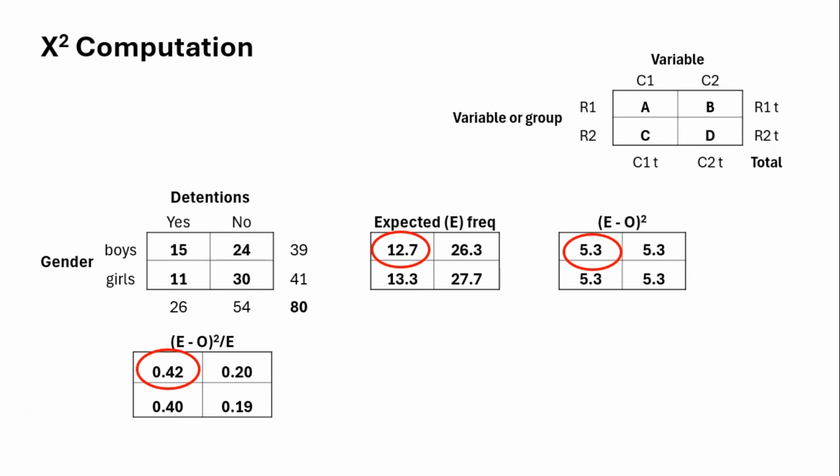And then you just simply do that for each of the remaining 3 cells. And now you're essentially ready to calculate the statistic. The actual chi-square statistic is equal to simply the sum of those 4 corresponding cell values in the table that you see over here on the left.